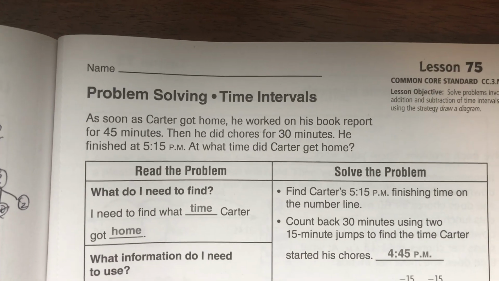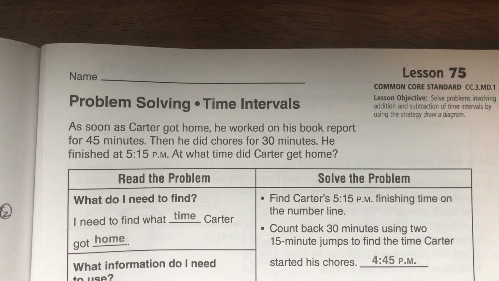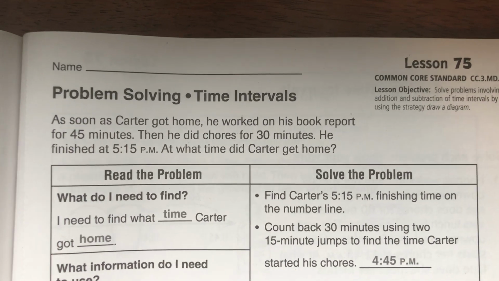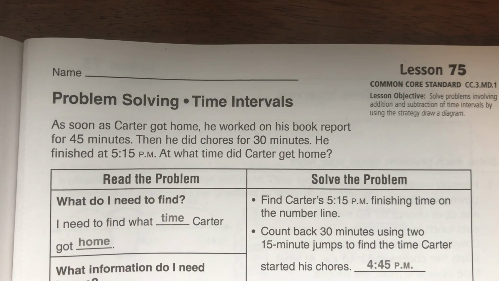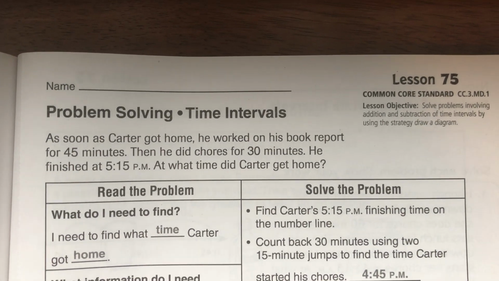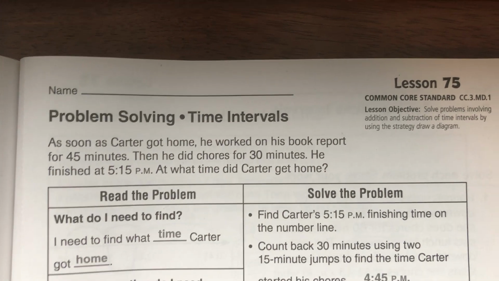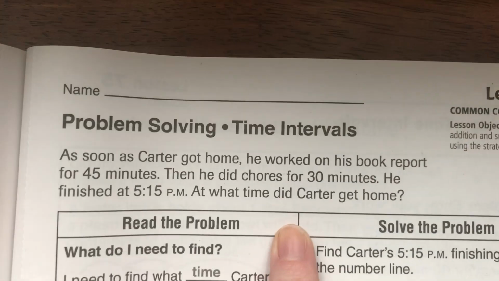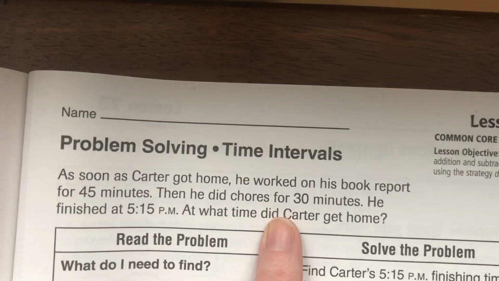As soon as Carter got home, he worked on his book report for 45 minutes. Then he did more for 30 minutes. He finished at 5:15. At what time did Carter get home? So here they're telling us that he got home.